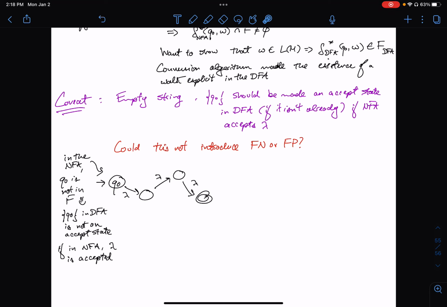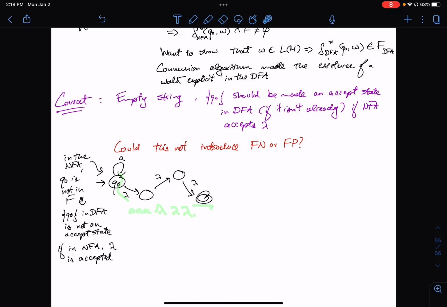And so this doesn't introduce false positives, because if there's something like a self loop here, then you could self loop all you want, and then use this lambda transition to get to the final state. So any number of A's could be followed by, let's say, 3 empty strings and could then reach the accept state.